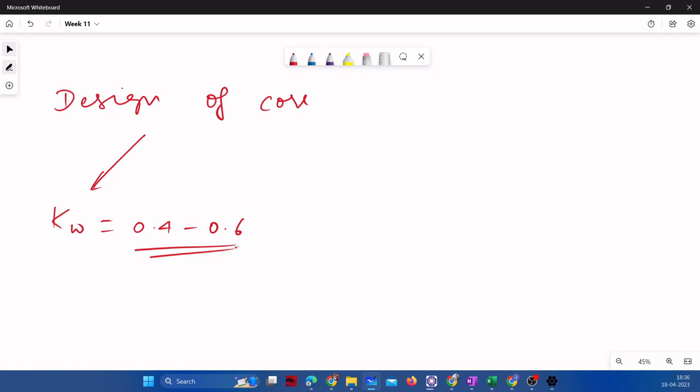There are certainly many ways to increase that window area factor. But my point was that you cannot enhance the window area factor significantly beyond 0.6, or in an excessive case maybe up to 0.7, but there are certain other factors that you can play with.